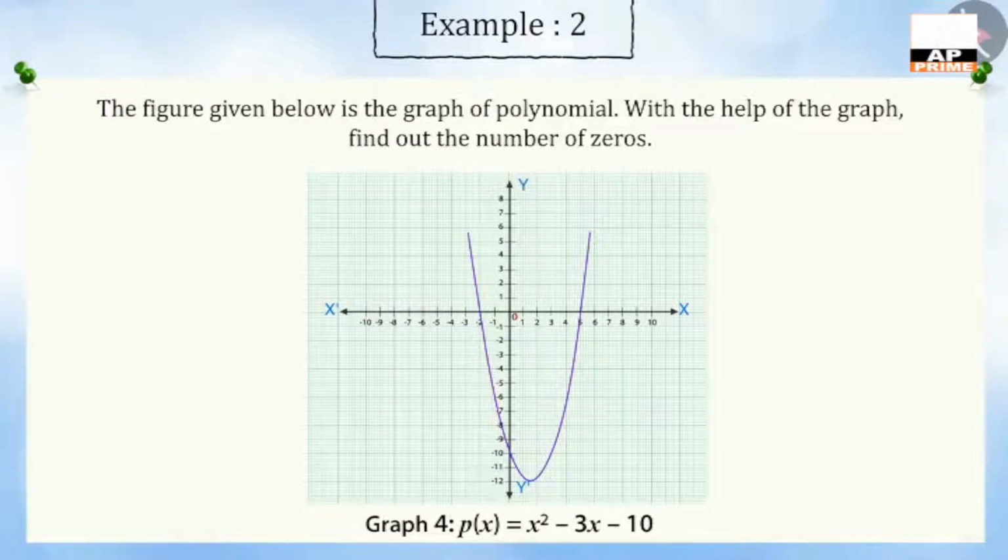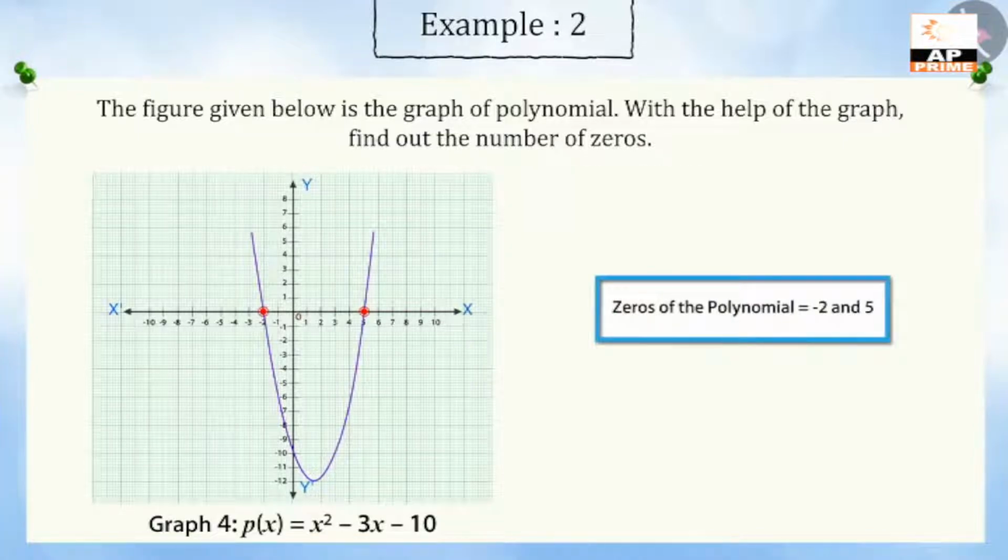The figure given below is the graph of a polynomial. With the help of the graph, find out the number of zeros. Here, the graph intersects the x-axis at 2 points.